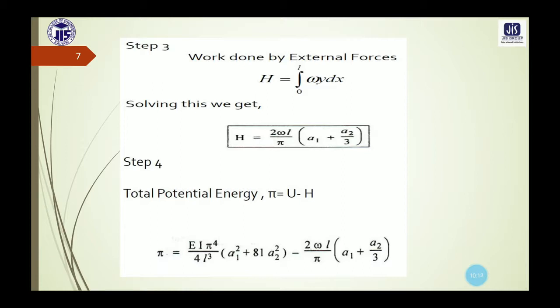So next we have the fourth step, the total potential energy pi, which we need to calculate. U we have calculated in the second step, and H we have calculated in the third step. So this is the mathematical representation in the fourth step: pi equals U minus H.